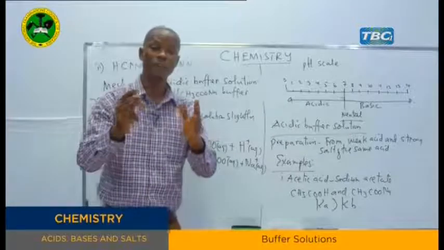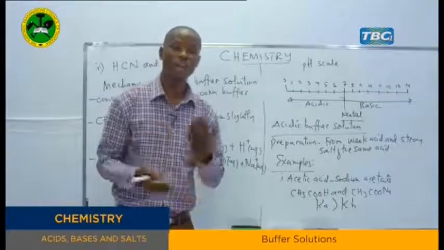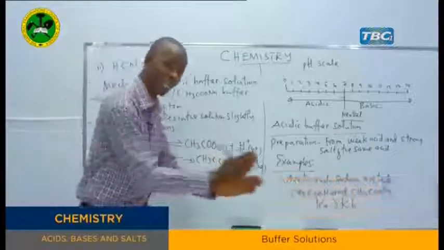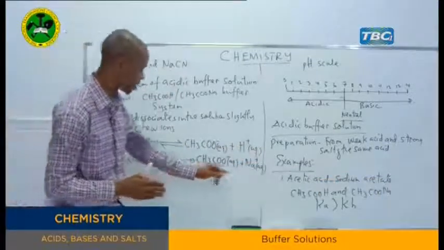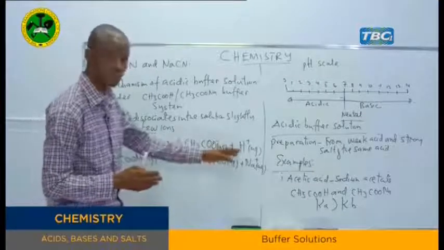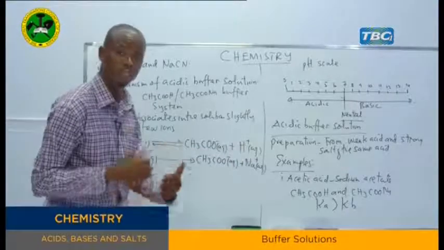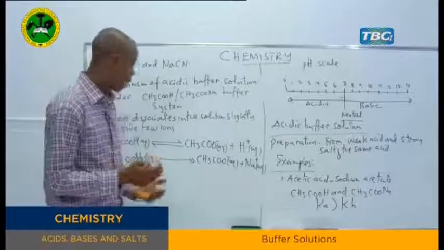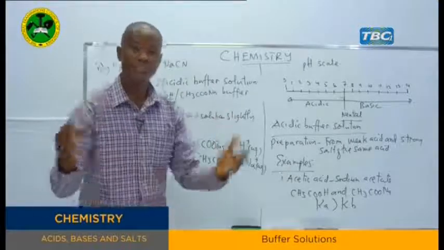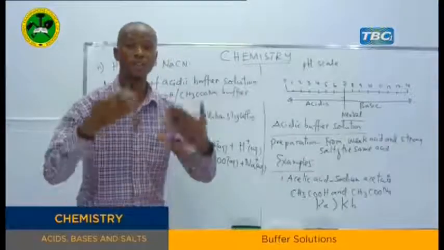And I hope you have knowledge of Le Chatelier's principle, that when one of the conditions changes, the position of equilibrium will shift in such a way as to eliminate the change. So the acetate ions will combine with some hydrogen ions to form back the acetic acid in order to establish a new equilibrium. Now, the few hydrogen ions that remain after a new equilibrium is established are the ones that will determine the pH of the solution.